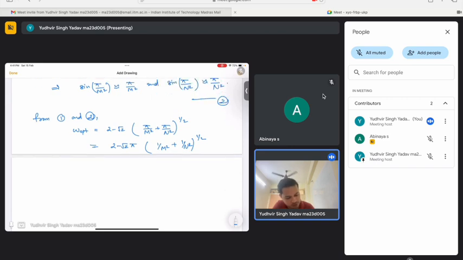We will take the pi common outside, then it will be root pi.